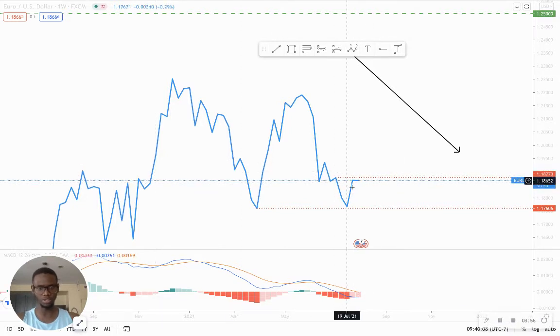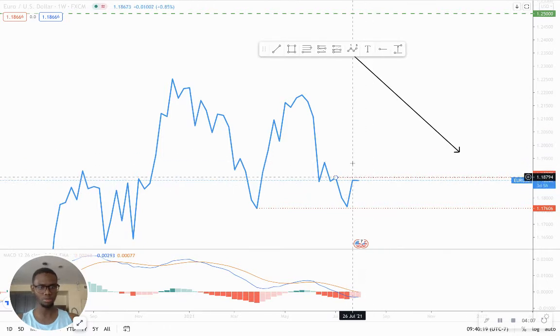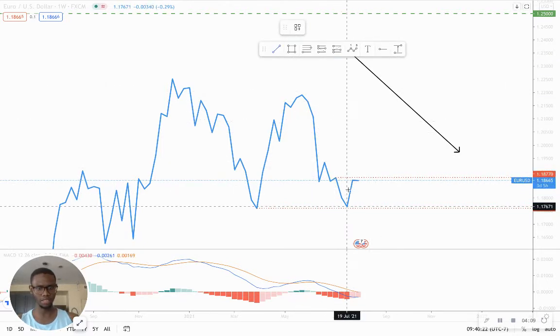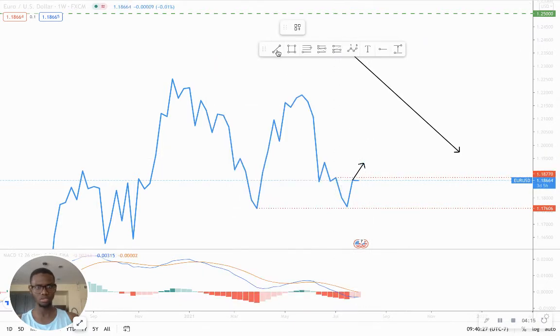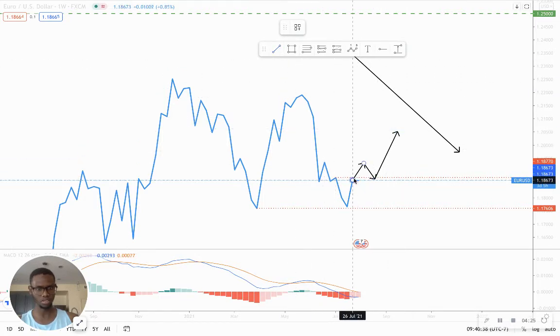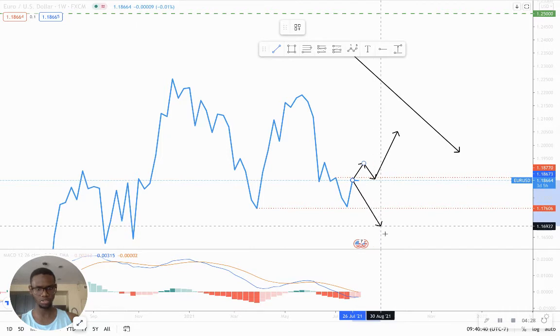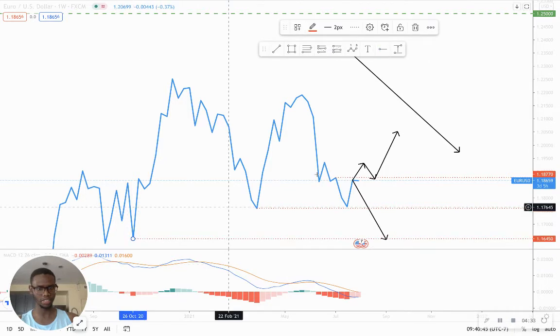Just because of the fact it has reached this level of resistance, I'd be looking for opportunities for the market to break to the top, either break it and then come down, test it as a support before going to the top side again, or maybe it's just gonna fall and continue going to the downside, probably to this next level of support that was right here.